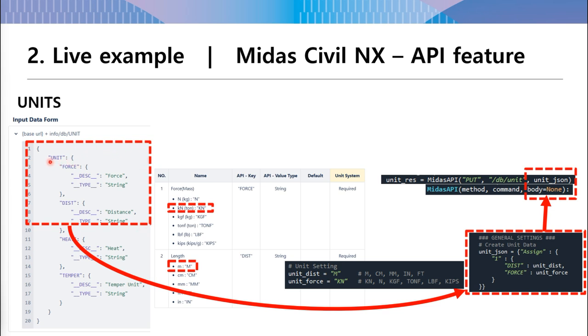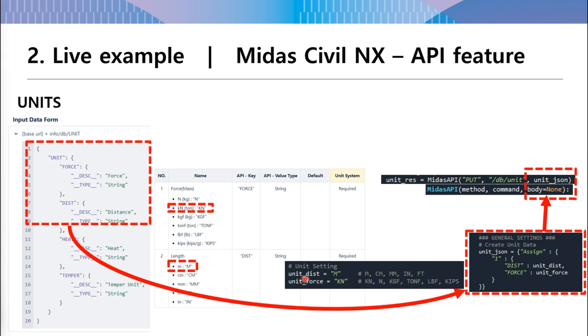First, we define which is unit for force system, and you see here in a further explanation that it has several possibilities. We will use kilonewtons. So first, unit for force is kN, and unit for distance we will use meters.